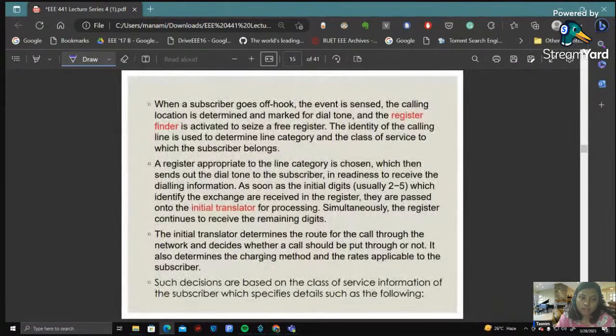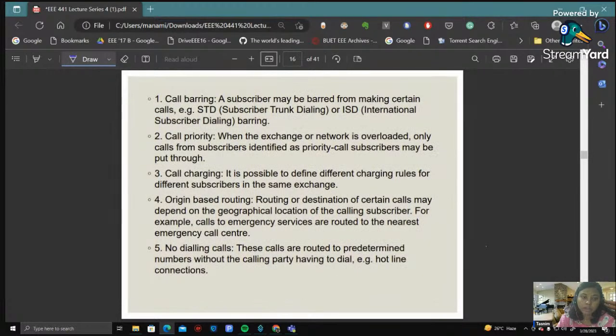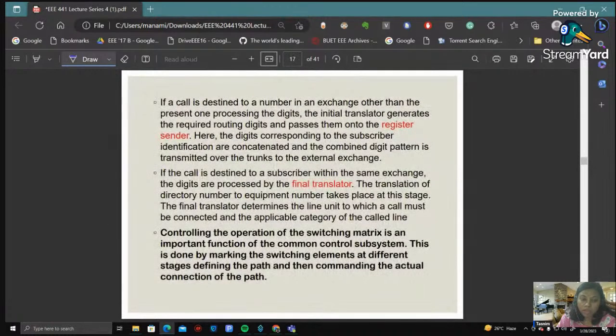Then we have decisions made on the following subscriber information, which specifies class of service information. We have the classification of class of service information of the subscriber: one is called barring, one is called priority, call charging, origin-based routing, no dialing calls.